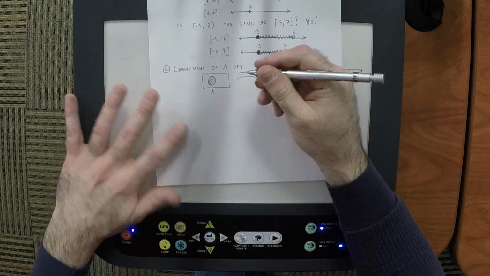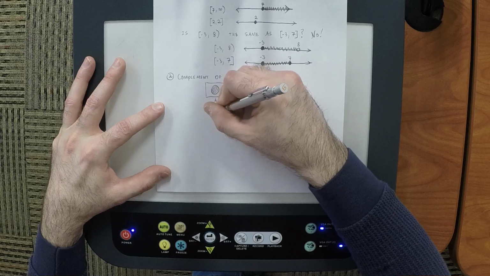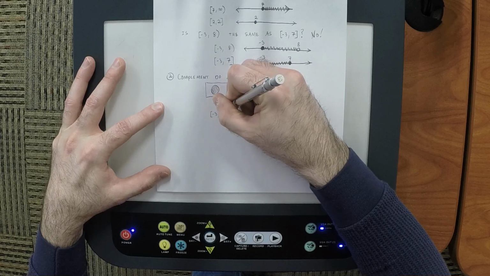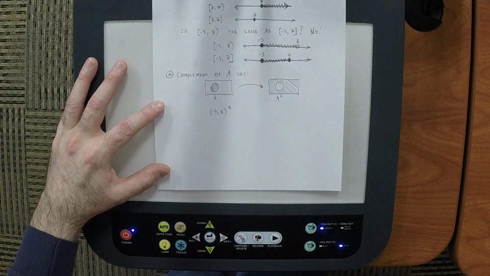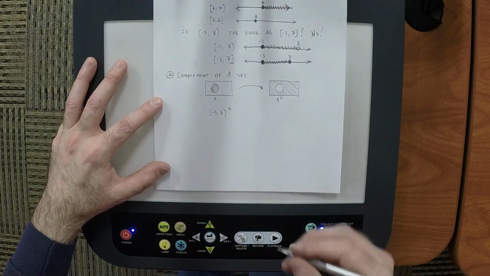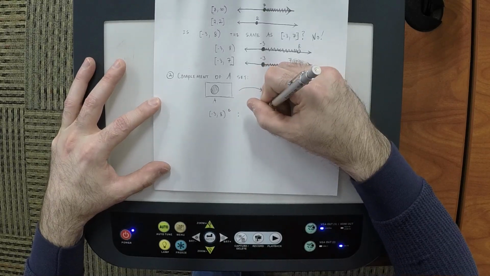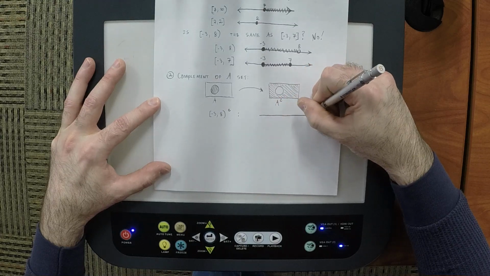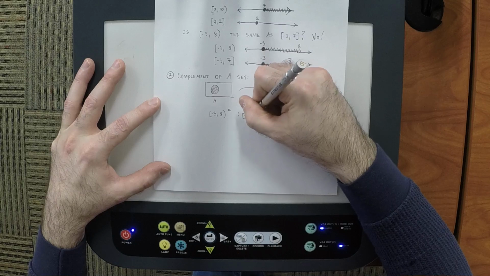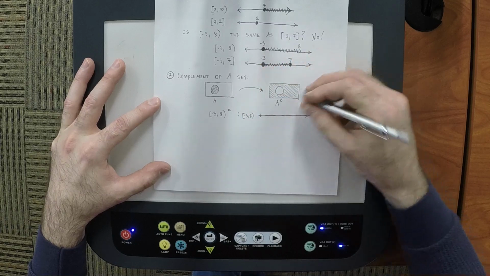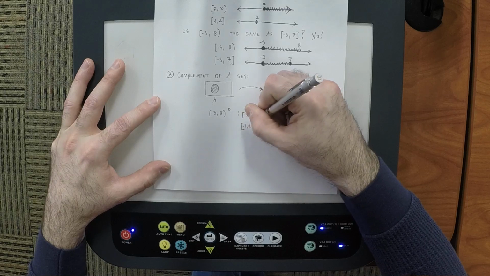So to give an interval example, we could say something like, okay, how about -3 to 8 complement? Suppose we want to figure that out. All right. Well, we could draw two axes and say that this one is -3 to 8. And this one should be -3 to 8 complement.